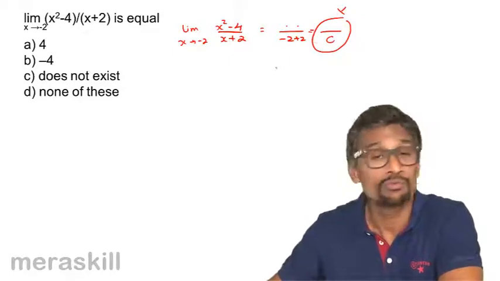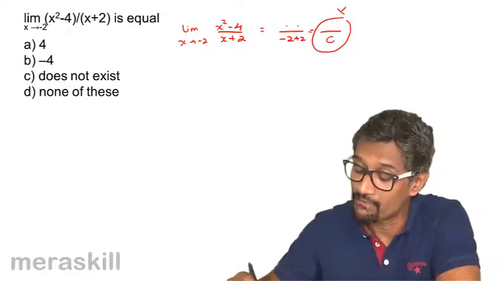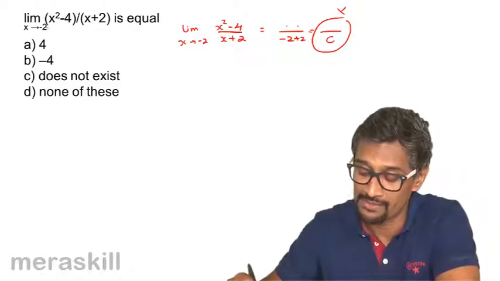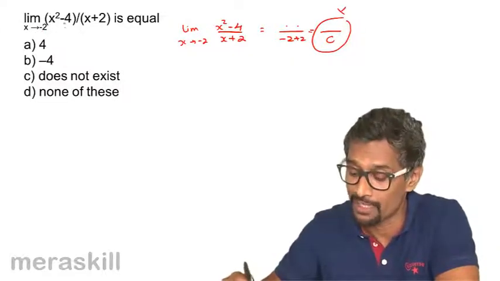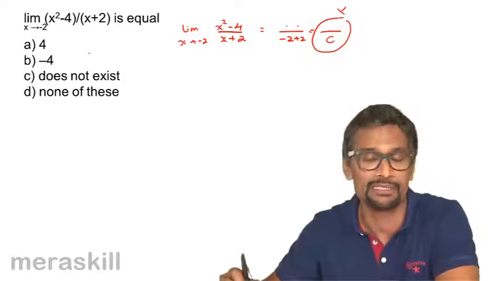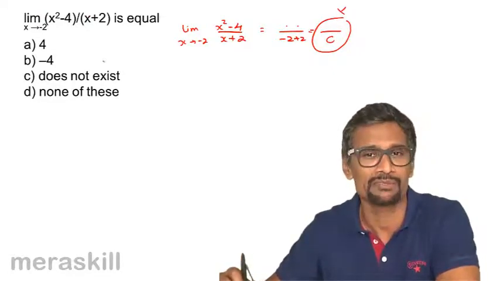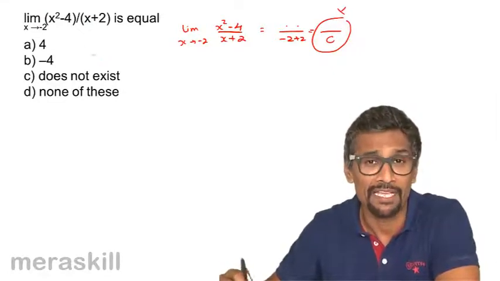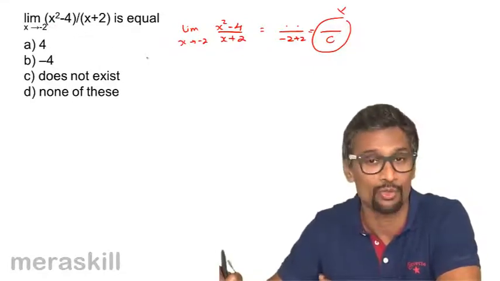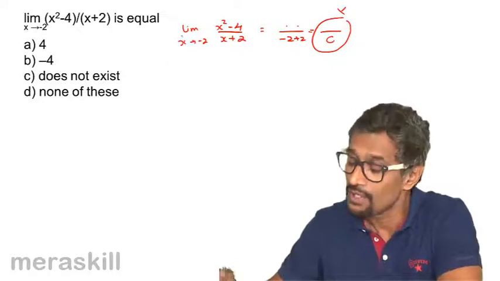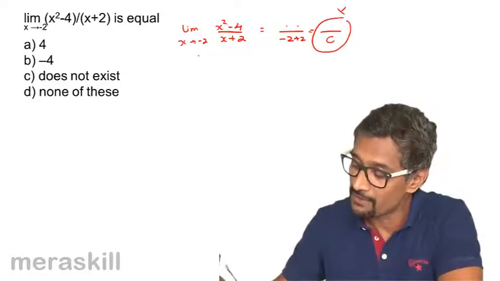So what do we do? As we did earlier, we can take values closer and closer to minus 2, like minus 1.99, minus 1.8, and find what value the function limits itself to. But that is a cumbersome process, finding 4 to 5 values closer to minus 2 and finding what value the function limits itself to.